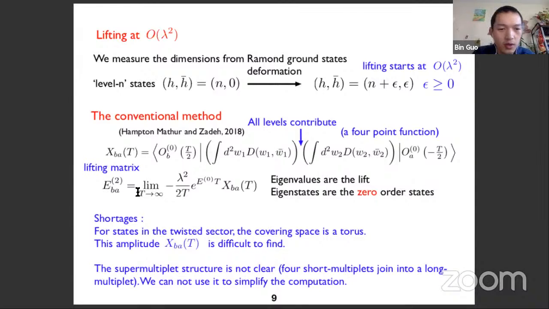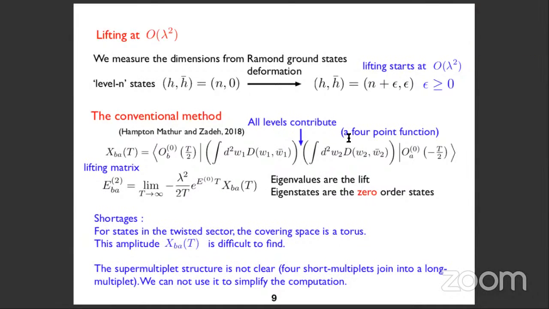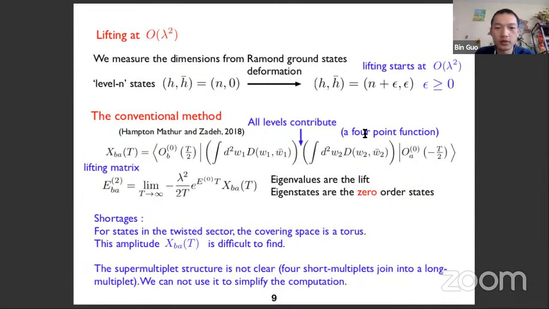From here, you can see we look at the terms linear in t from X. That means most of the contribution to X comes from the region where these two D are bound together, they move together, and so you have an integral over t. So you can see all intermediate states between these 2 D at higher levels contribute. So it is a 4-point function. We cannot easily break this into 3-point functions.